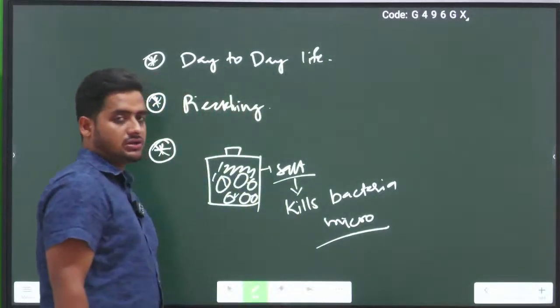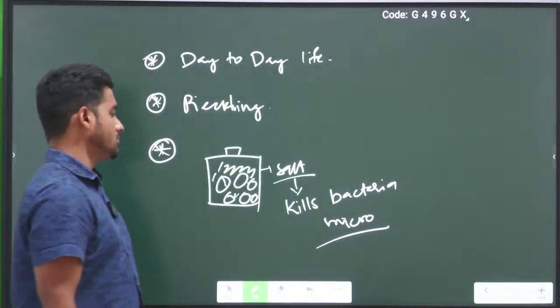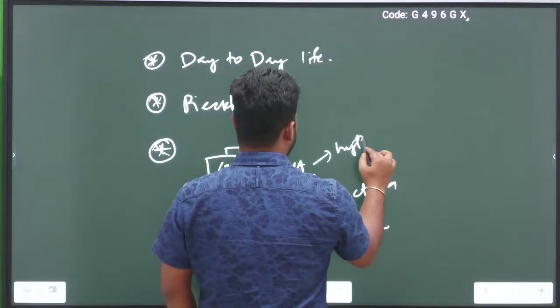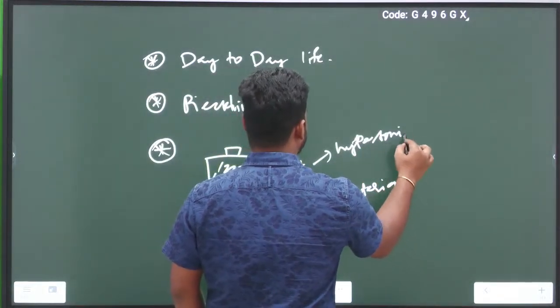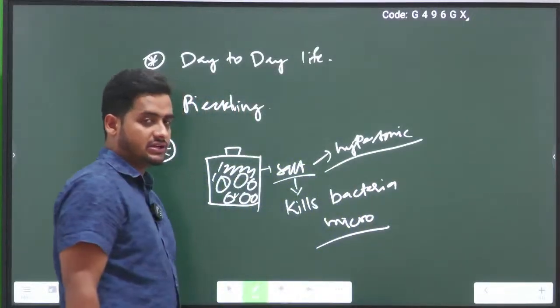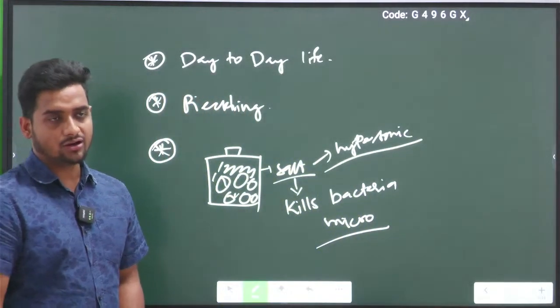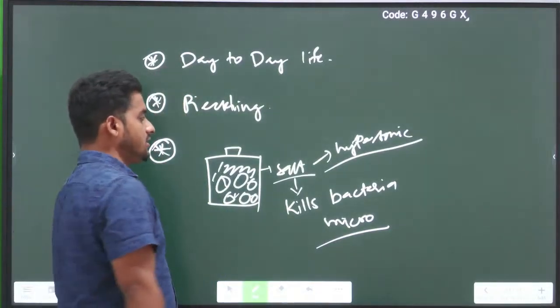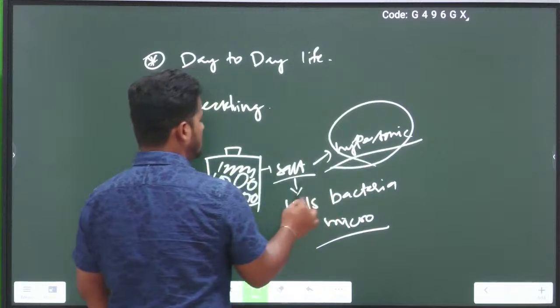It kills microorganisms by a mechanism, that is a hypertonic solution. It creates a hypertonic solution for the bacteria that damages its cell wall, and breakdown of the cell takes place. That means this is very saline.